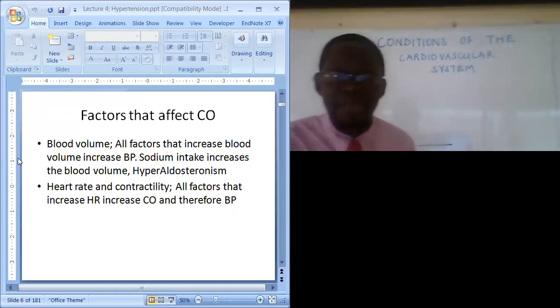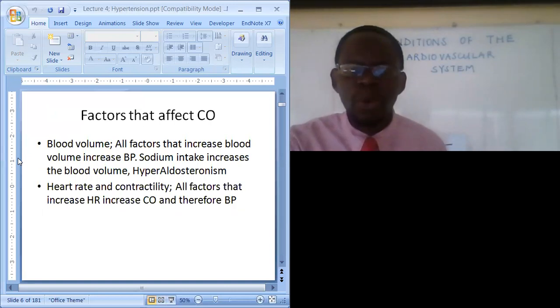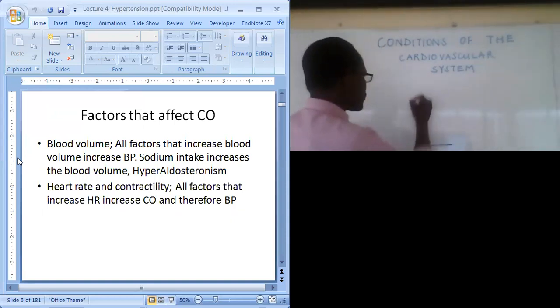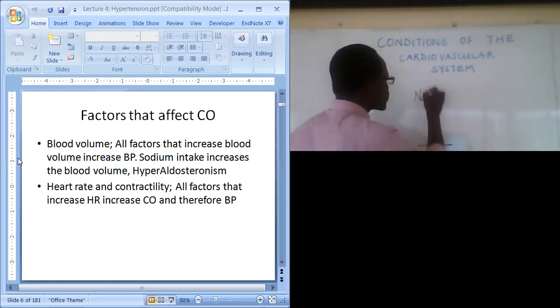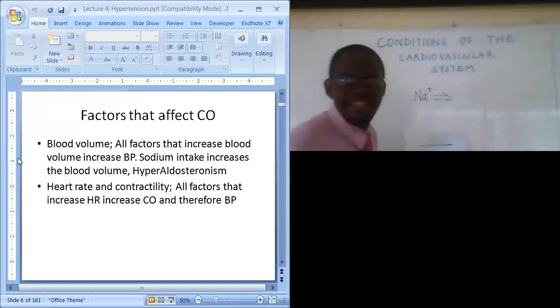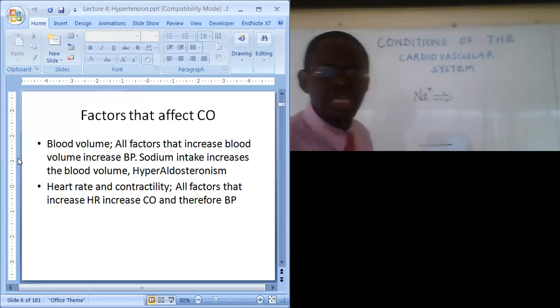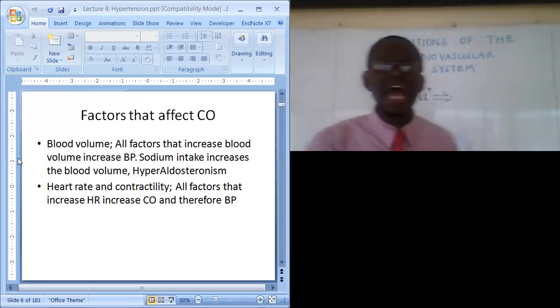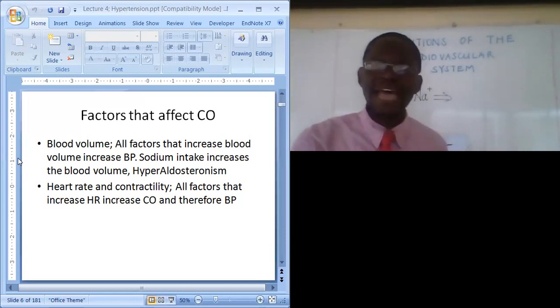Things like sodium intake. What does sodium intake do? When you increase the intake of sodium in the body, where sodium goes, water follows. As a result, if you take sodium, you have plenty of water within the bloodstream.